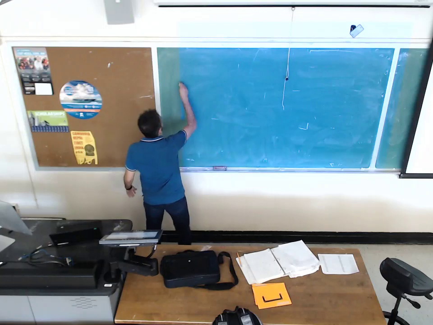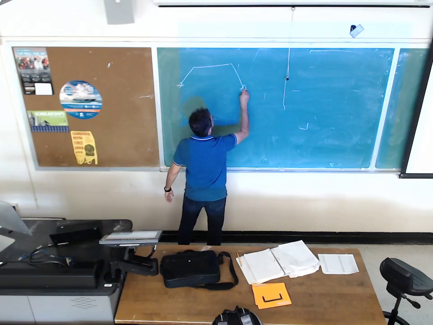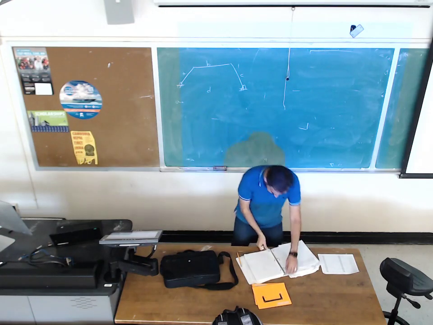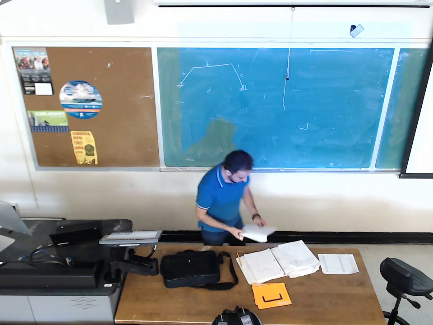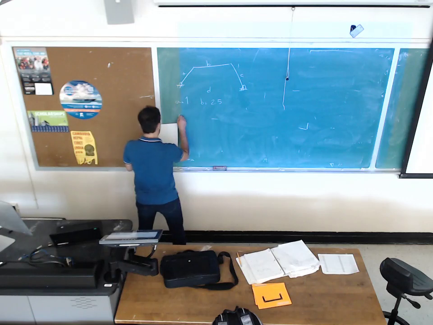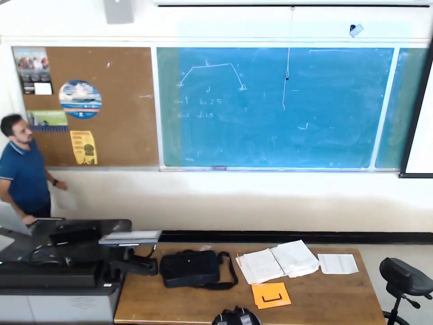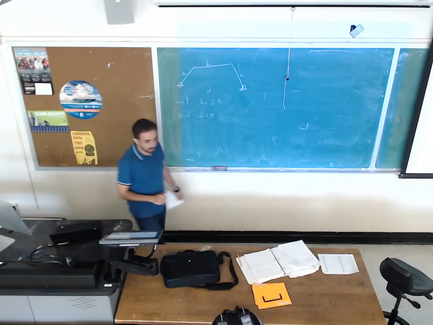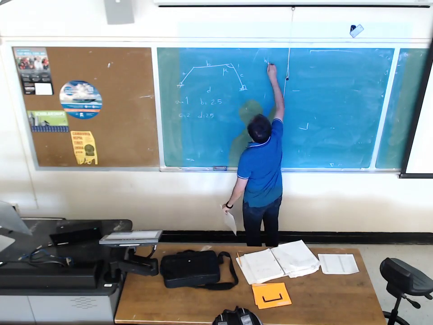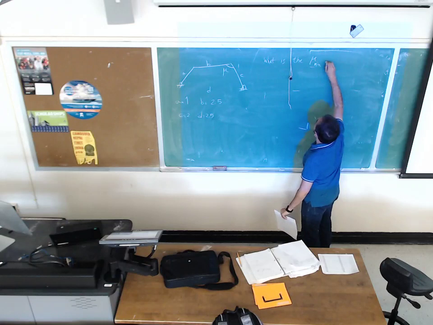So for the given mechanism with the length of A equals 1, B equals 2.5, C equals 2, and D equals 2.5, answer the same question. Find the minimum and maximum transmission angle, mu min and mu max.